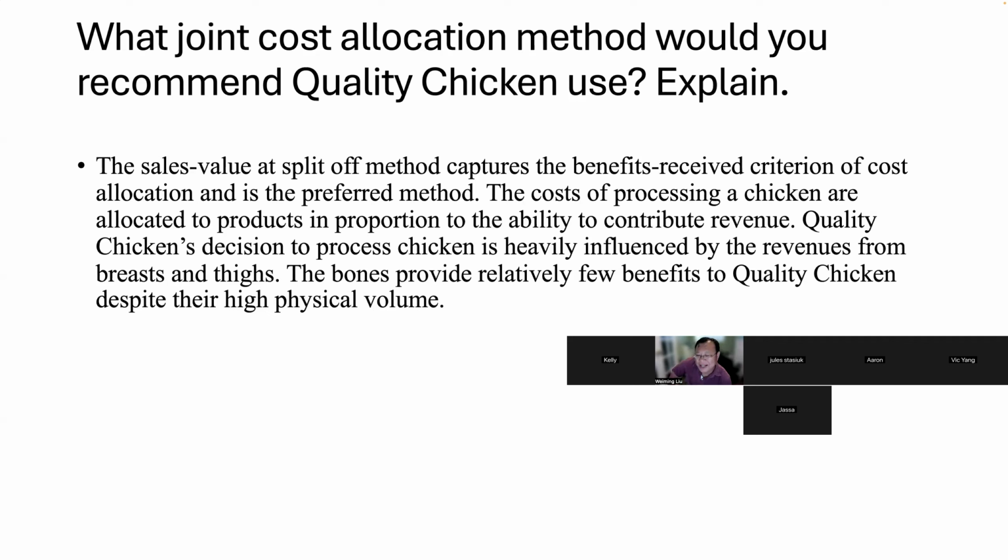So the idea is that it's fair: if you make more revenue, you take more cost of the society. If this society rewards you with more revenue, you need to bear more cost. That's the concept reflected in the tax system in Canada.